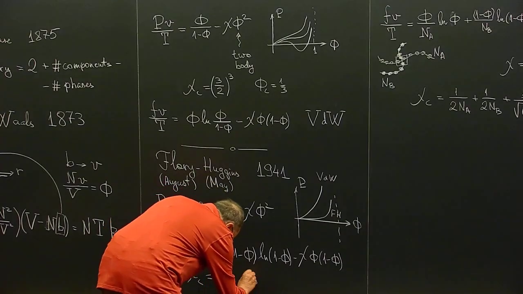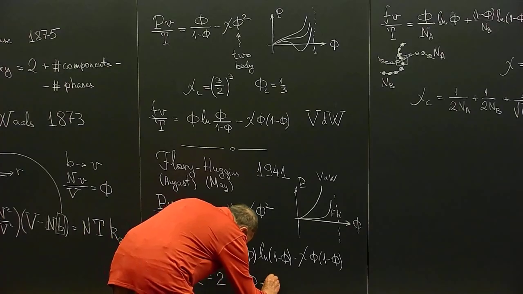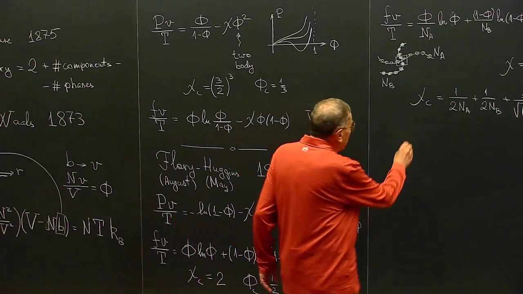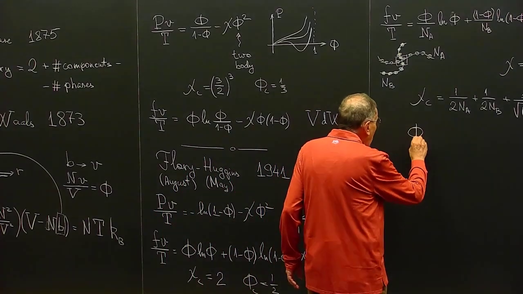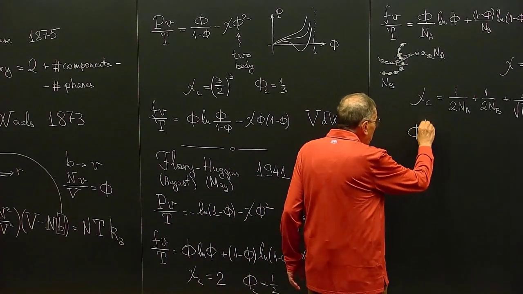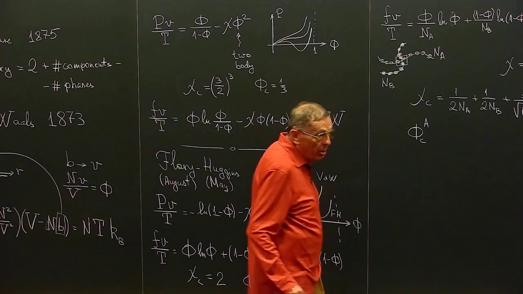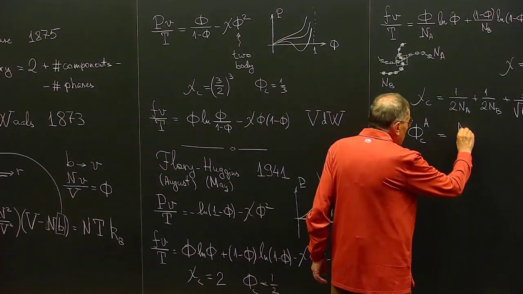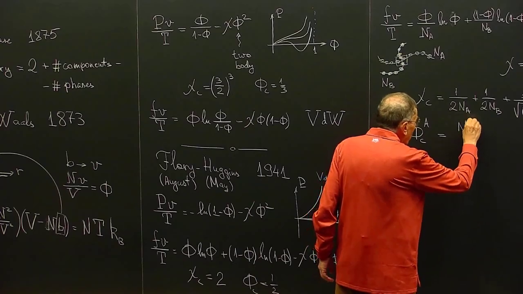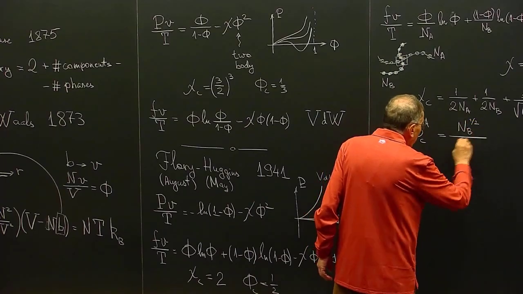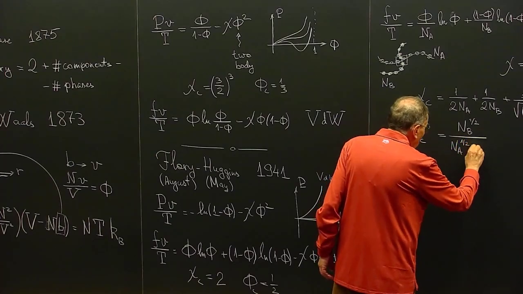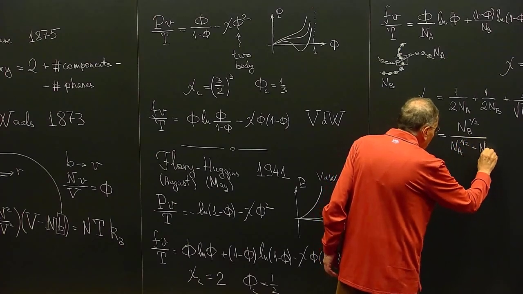And critical density is 1/2. And in this case, critical density, I remind you that this is density of A. So this critical density is actually NB to the 1/2 divided by NA to the 1/2 plus NB to the 1/2.